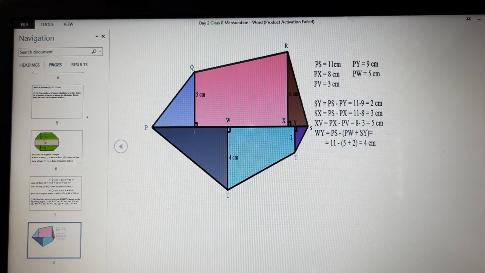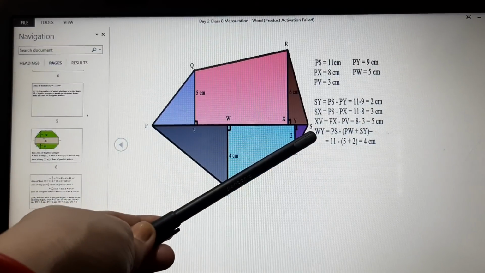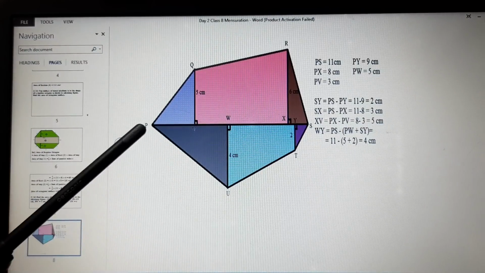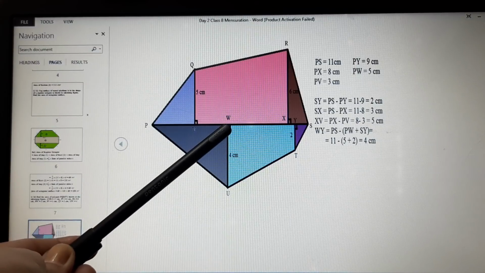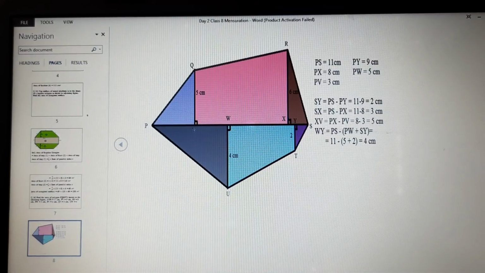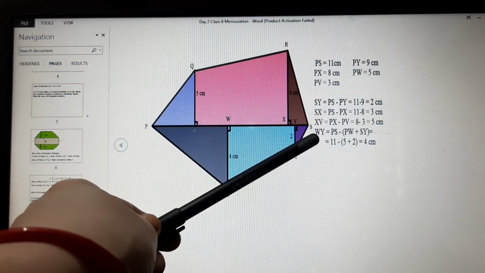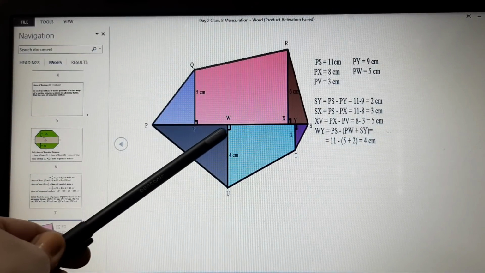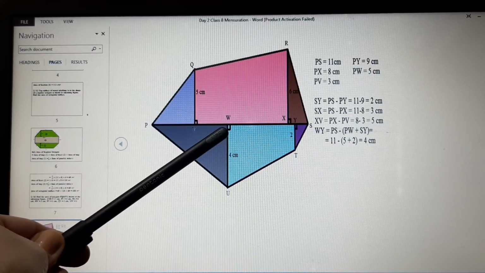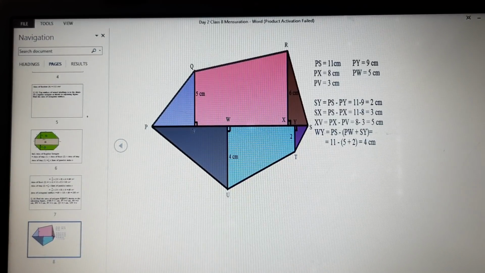So how are we going to calculate WY? The complete PS is 11. If we subtract PW from this side and SY from this side, then we'll be left with WY. So WY will be equal to 11 minus PW, which is 5, and minus SY, which we have calculated as 2.